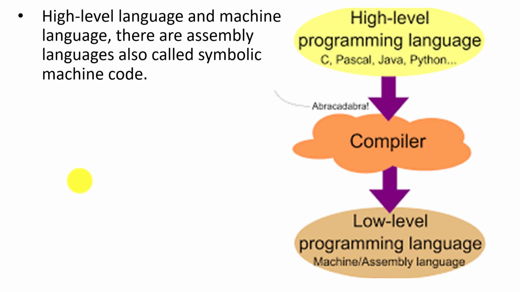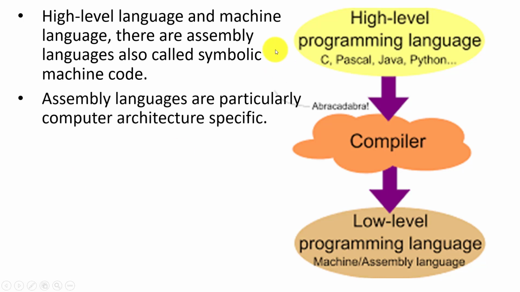Languages are divided or categorized into high level language, low level language, and some middle level language. High level languages are user friendly, and users can easily understand them. But the machine, that is the system, is in digital form, and digital form always prefers binary numbers.